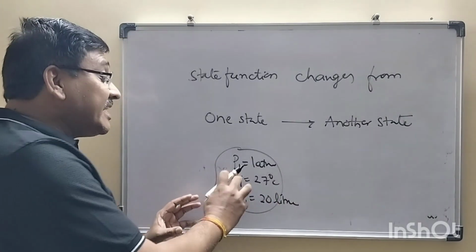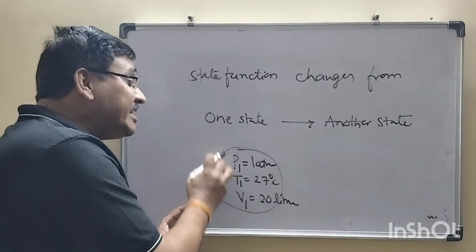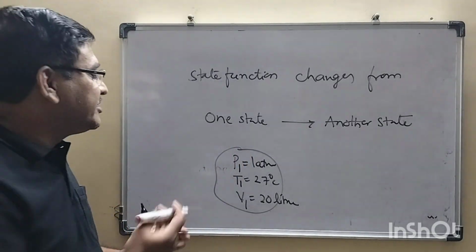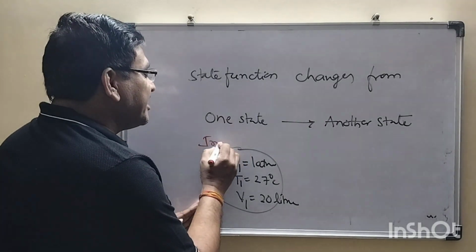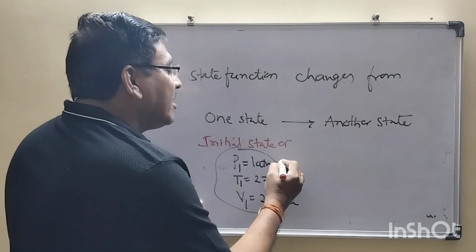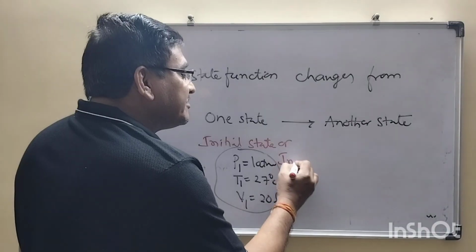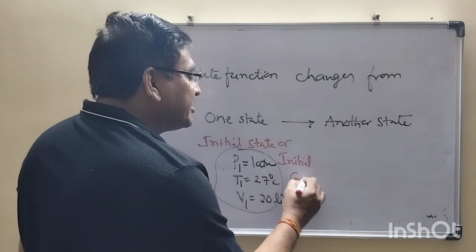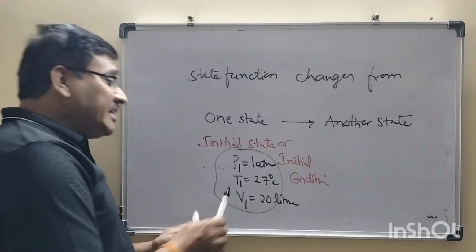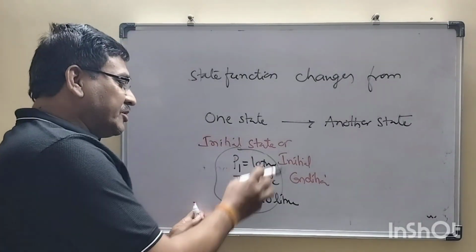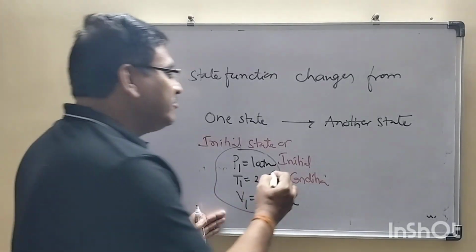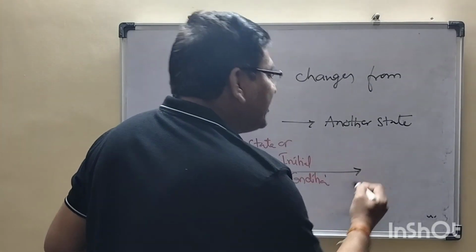This is the initial condition or initial state of the system. Now this system, having this particular P1 pressure, T1 temperature, and V1 volume, is changed to another state.